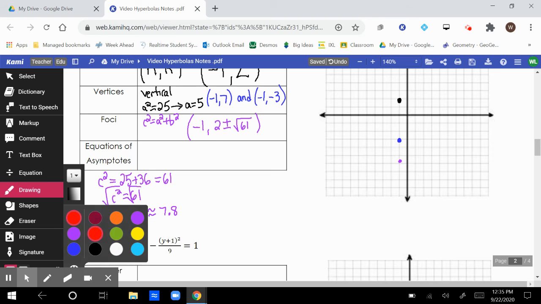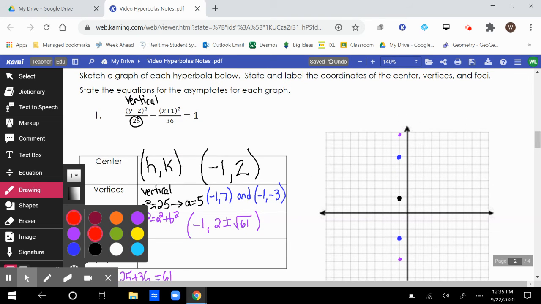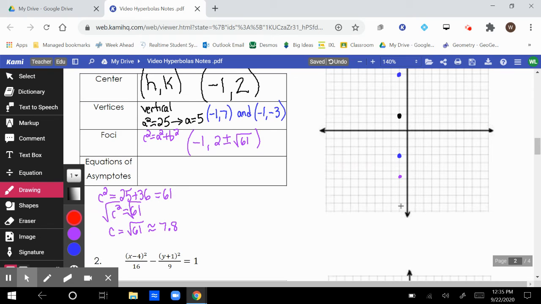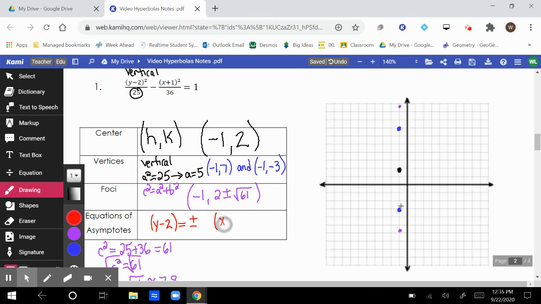I'm going to do this in red. It's literally just your numerators without the squared. So y minus k, y minus 2, equals plus or minus, I'm going to leave it blank right now until we go over the slope, times x minus h, which just comes from your x numerator, which was x plus 1.